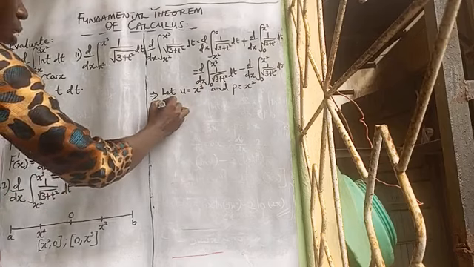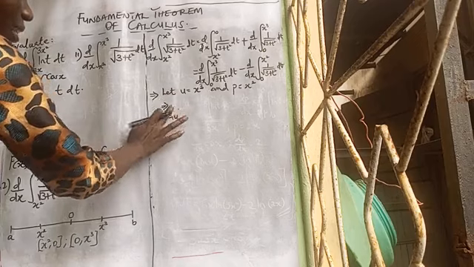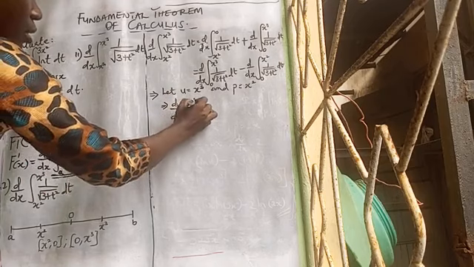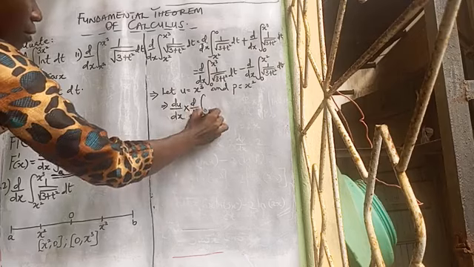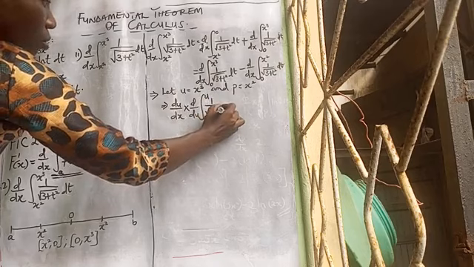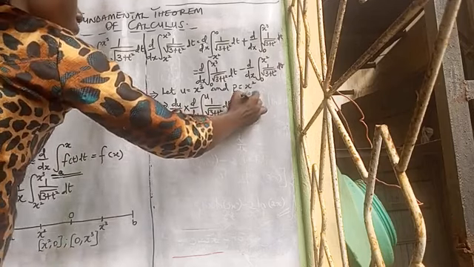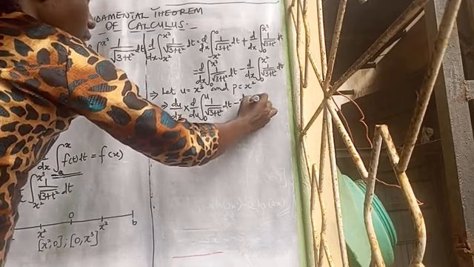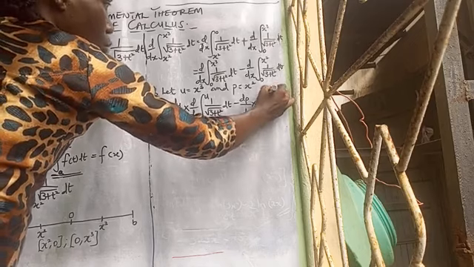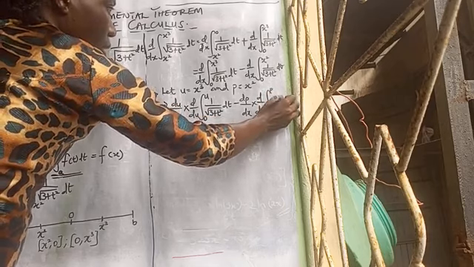So I have this become d/du, or better yet, du/dx times d/du of the integral from 0 to u of 1 over the square root of 3 plus t squared dt, minus dp/dx times d/dp of the integral from 0 to p of 1 over the square root of 3 plus t squared dt.